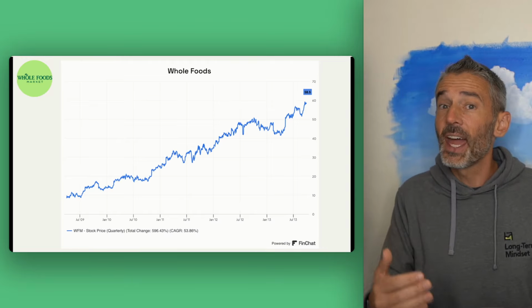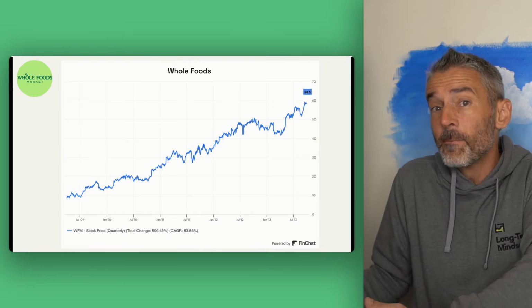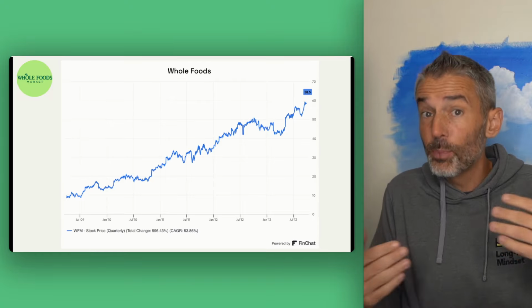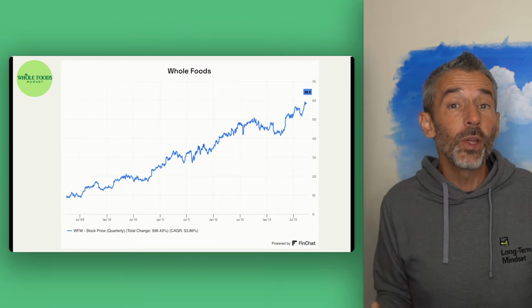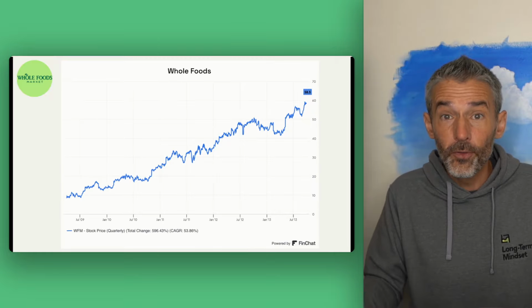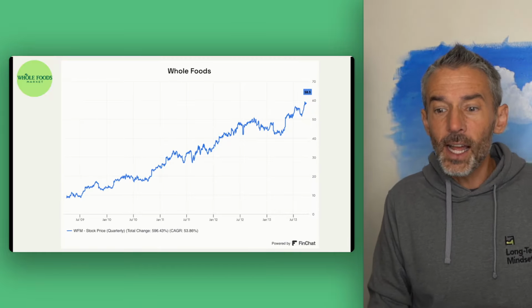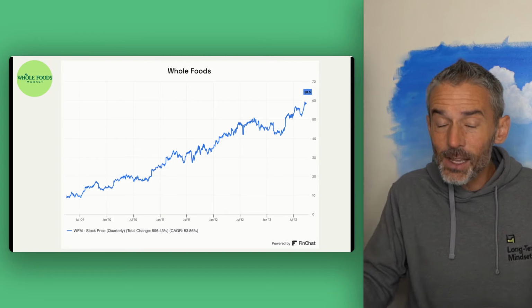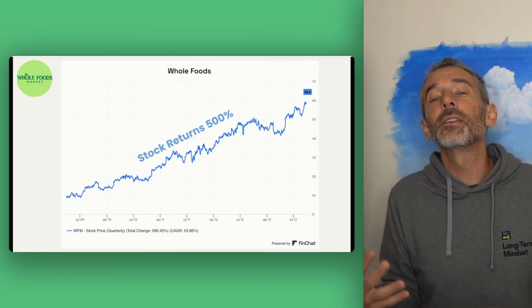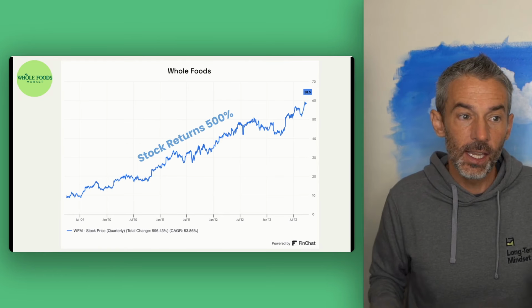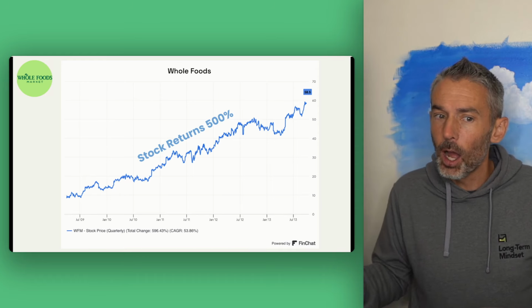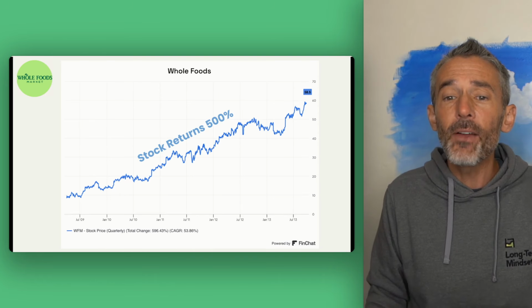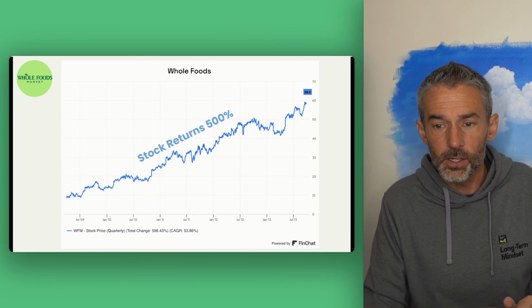The flip side of that is that once the recovery set in, if you all of a sudden were now willing to pay a little bit more for those organic oranges or bananas, well, guess what? There was only really one place you could go, Whole Foods. And so it's not surprising that as that recovery set in and as people felt a little bit more comfortable buying those things, Whole Foods being the only place where you could get those things writ large, the stock went up 500% in 4+ years.